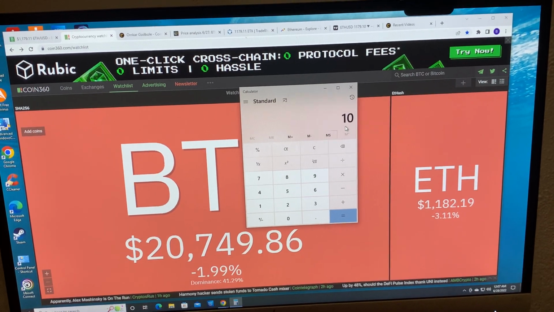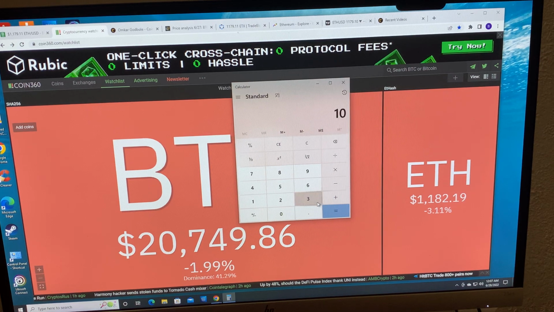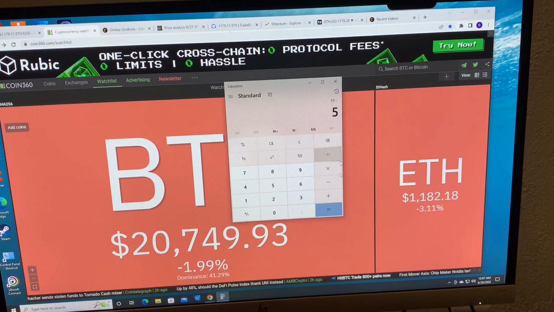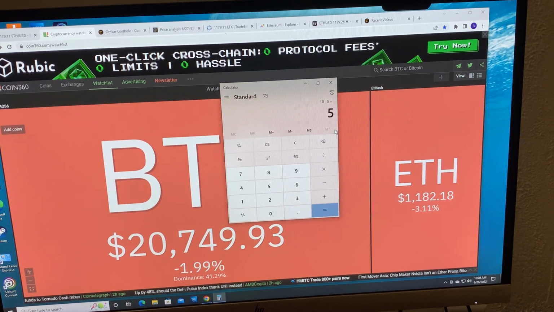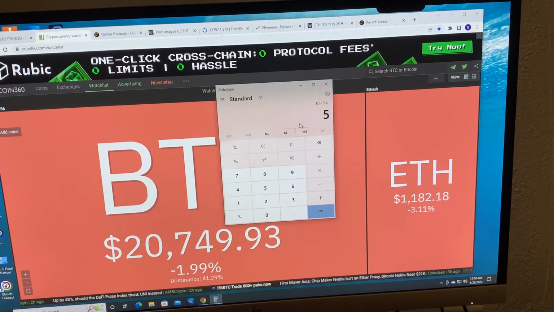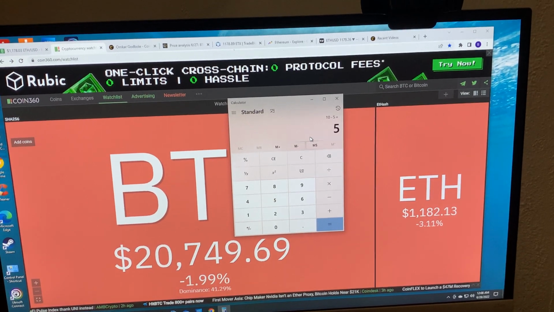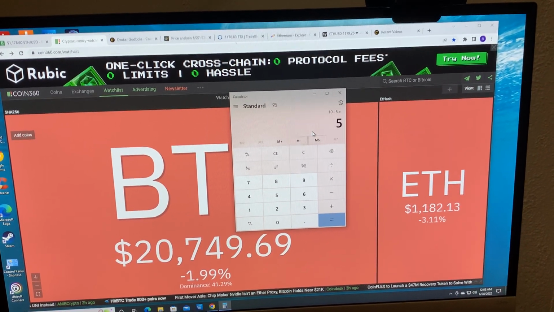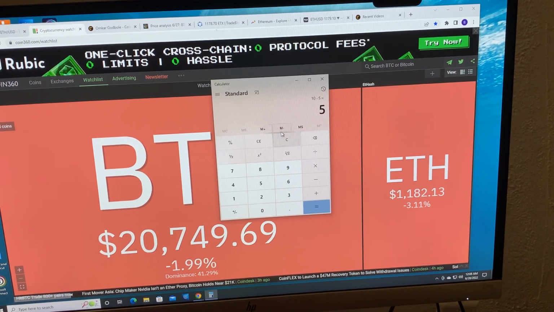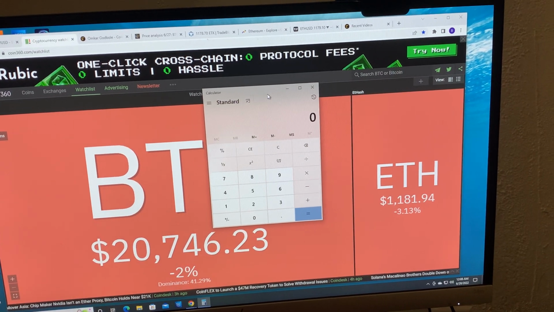If you buy 50% of Ethereum and it goes up $10, you're only making $5. You got it? So you want to buy 100% Ethereum. If it goes up 10, you want to make 10. In other words, if it goes up 100, you want to make 100. If it goes up $100, you're making $50 if you're buying 50% Ethereum. So make sure you buy 100% at least. You want to make 100% of the money.